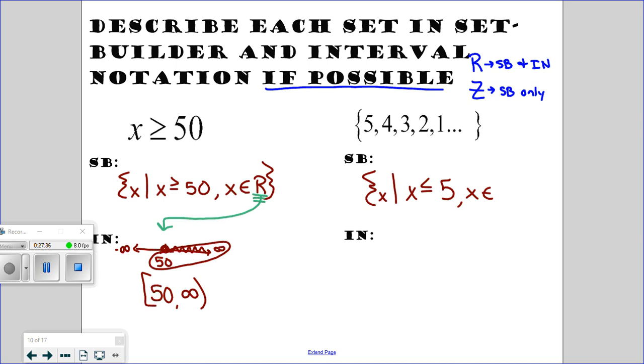As I think about that set of numbers and where it would continue, I see that if I followed that pattern, I would never say a decimal. And if I'm not going to say a decimal, I call it an integer. And that also reminds me that if it's in the integers, I can only do set builder. So because I said integer right here, that tells me that my interval notation is not possible. Any questions on that?